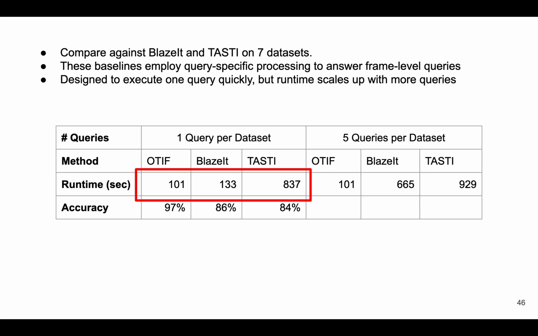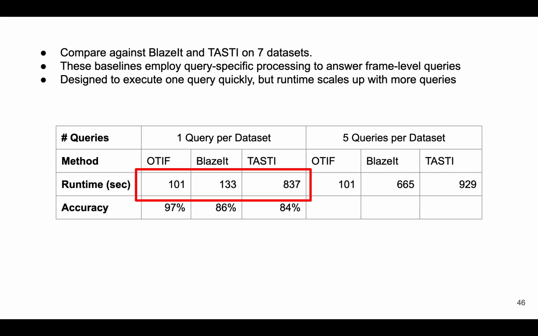Surprisingly though, even when we have just 1 query on each dataset, OTIF is actually already competitive with both BlazeIt and TASTI. In fact, it's faster than both of these baselines. And that's surprising because BlazeIt, for example, is designed to answer 1 query very quickly.